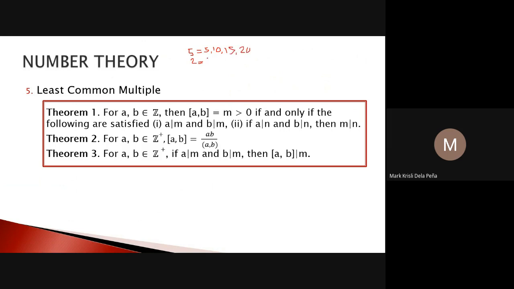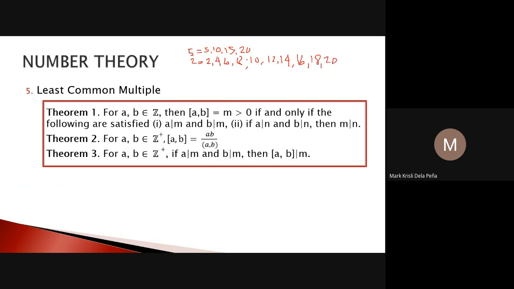For 2, you have 2 times 1 is 2, 2 times 2 is 4, 2 times 3 is 6, 2 times 4 is 8, 2 times 5 is 10, then we'll have 12, 14, 16, 18, and 20.